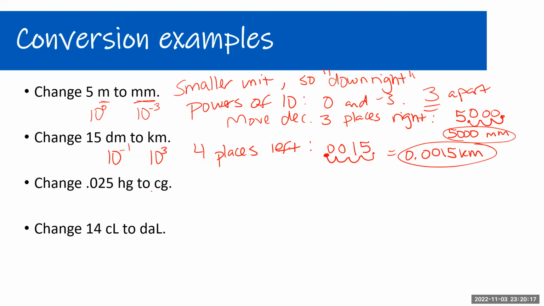0.025 hectograms to centigrams. Okay. Hectograms, we can see, is 10 to the positive 2. And centigrams is 10 to the negative 2. Okay. So again, we are going 4 places. 2 to negative 2 is 4.